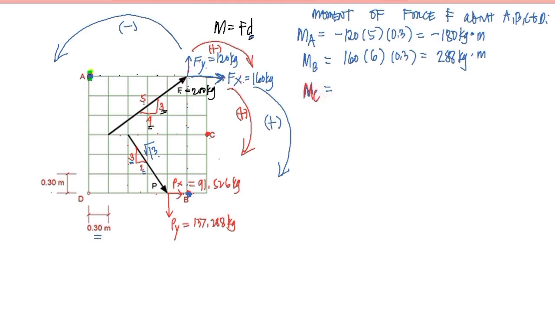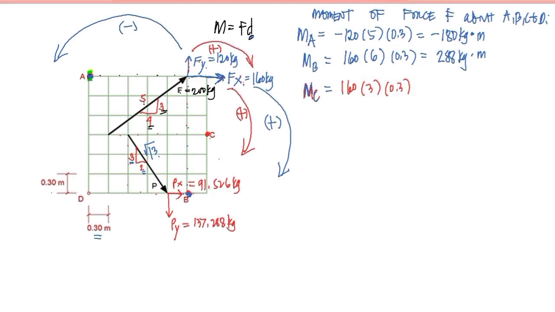is equal to Fx muna tayo. So, kay Fx, that's 160. Multiply by the distance. Since Fx is horizontal, so yung distance papuntang point C ay ito. That's the perpendicular distance. And kung bibilangin natin to, we have 1, 2, 3, so 3 blocks. Since we have 3 blocks, so that's 3, and each block measures 0.3.